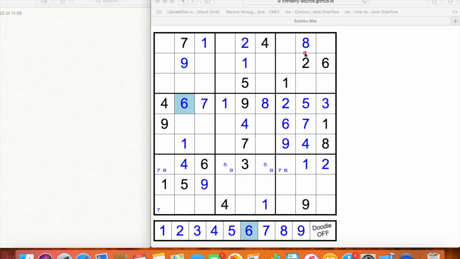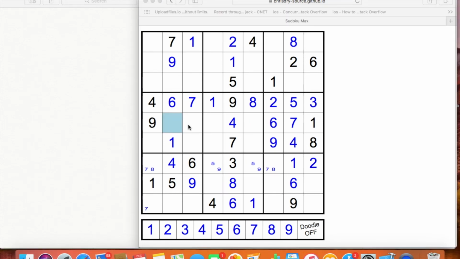If we look at this column here, it's clear now that 6 must fill that square, and in the middle column 6 must fill that square and 8 fills the remaining square. The only middle square left to fill is this one here, so it has to have a 3 in it.